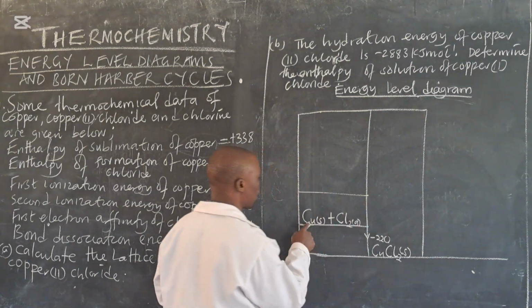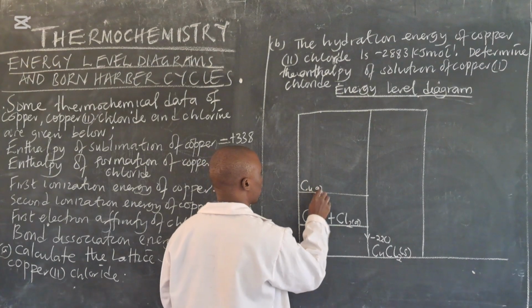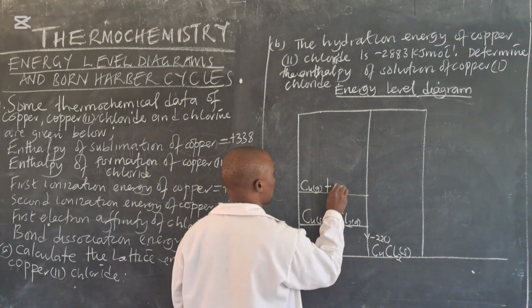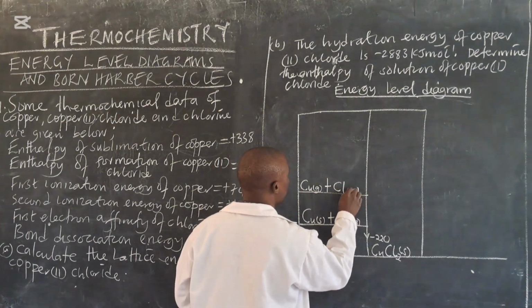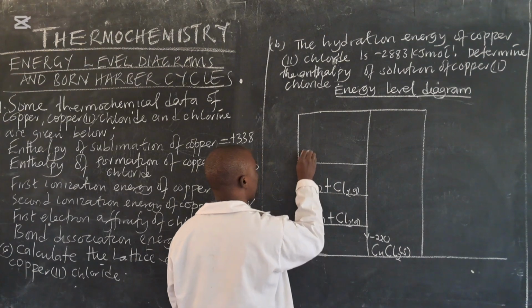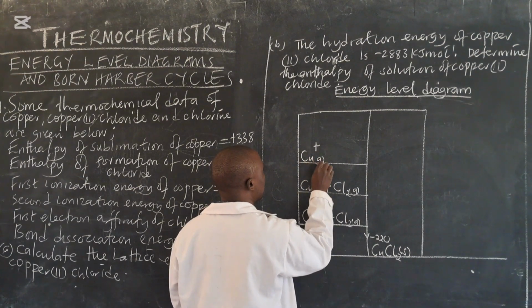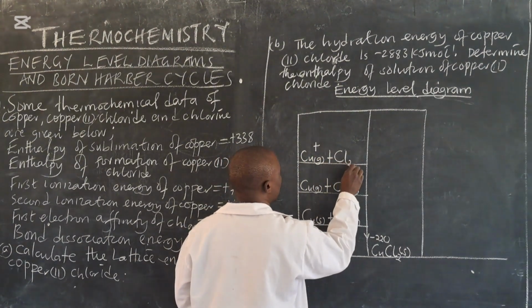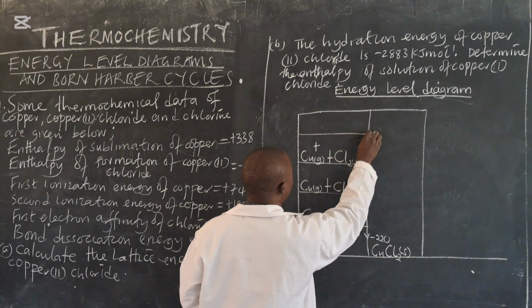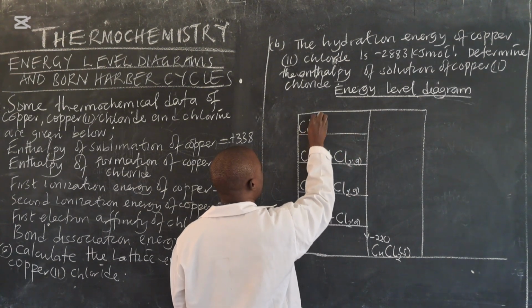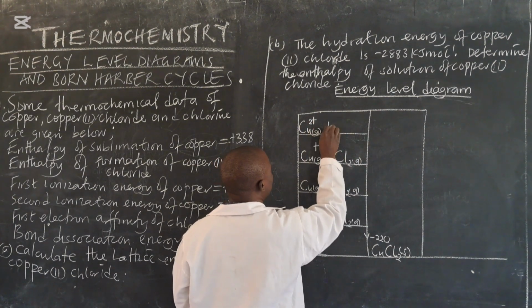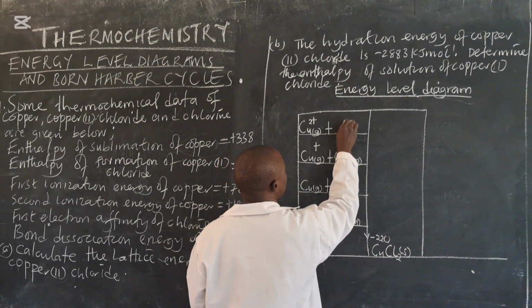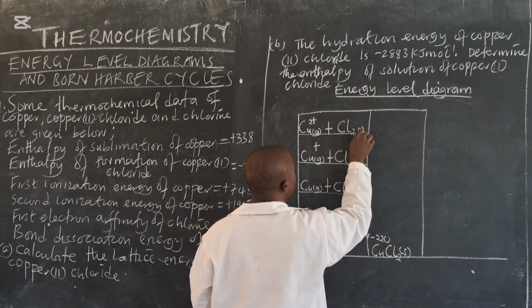So we first convert copper to a gas. Copper to a gas plus chlorine, don't touch chlorine. Then the next stage, convert copper into one gaseous ion. Don't touch chlorine. So we reach copper with a positive 2 charge. That's second ionization energy. So you don't touch chlorine.